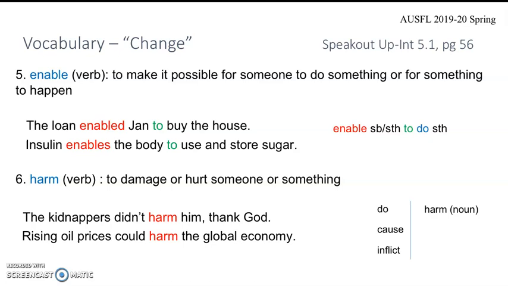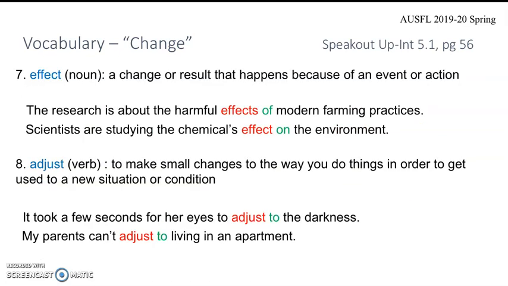In this case, it is a noun, but in those examples here on this page, it is a verb. Number 7 is effect. Effect is a noun, and it means a change or result that happens because of an event or action. Basically, it means result. You can check the examples and you will notice it is used with the prepositions of and on.